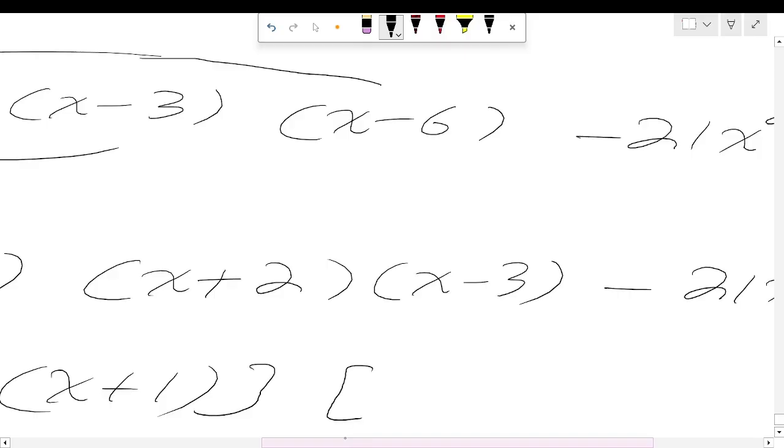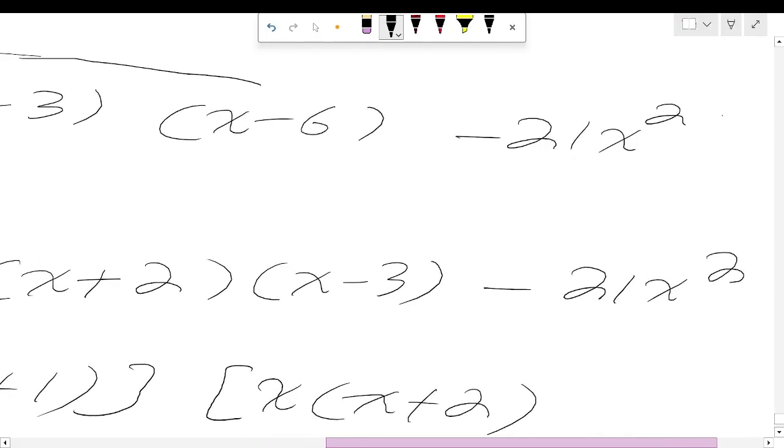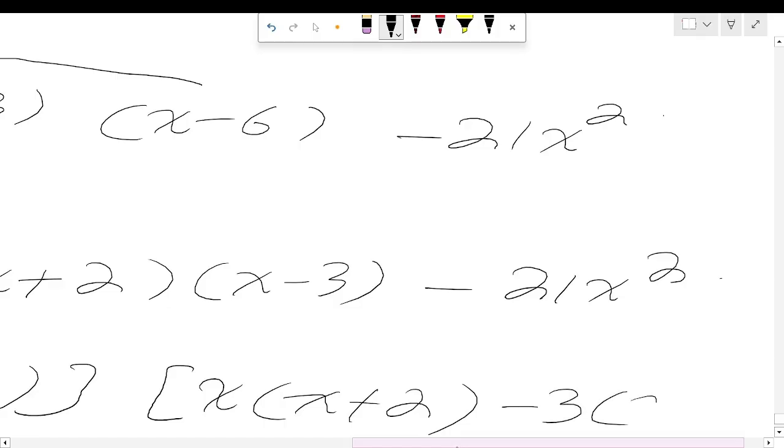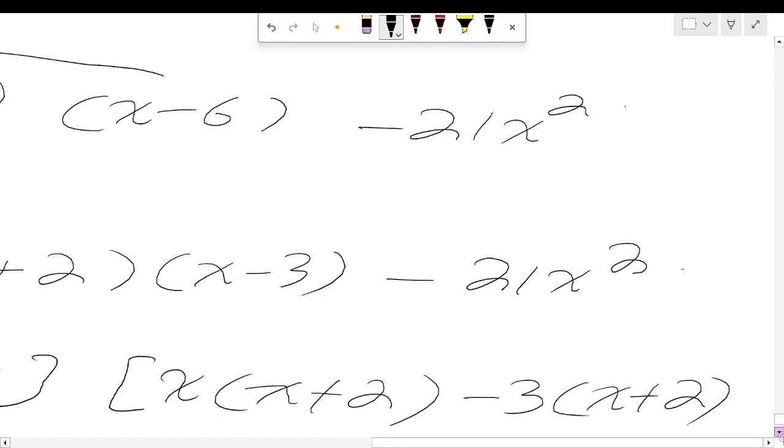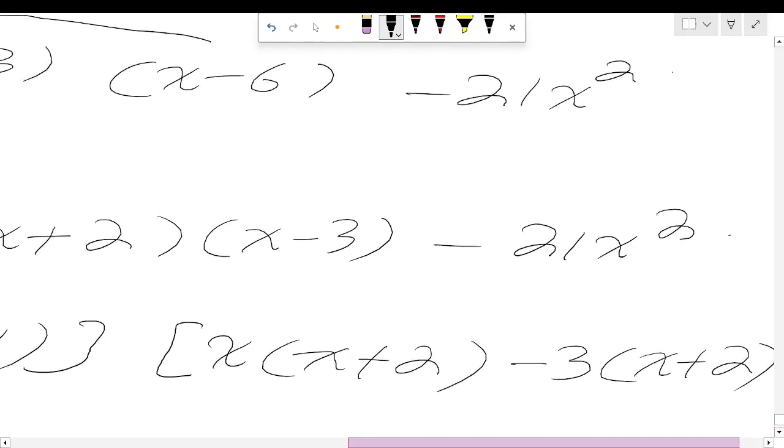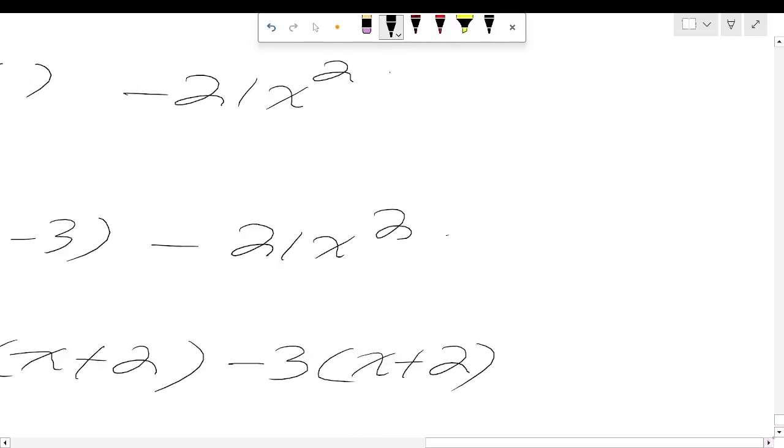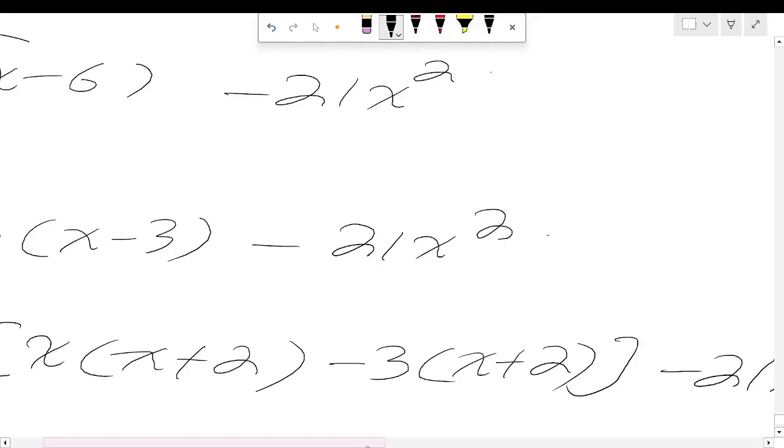So this will be x bracket x plus 2, and then we will write minus 3 bracket x plus 2. Okay, so we have these multiplied. What do we need to do next? We need to close this square bracket, and we have 21x square here.